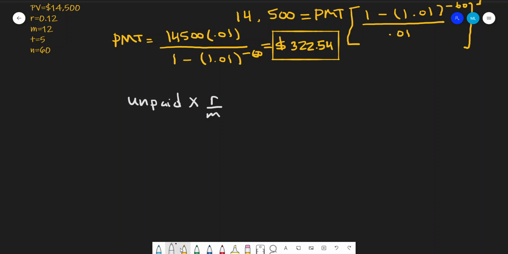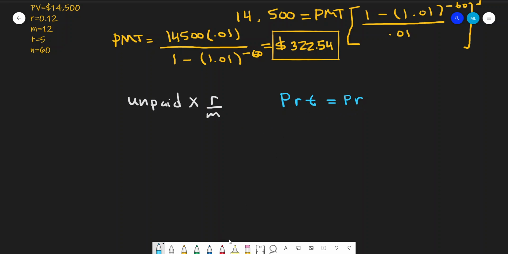Now, one way to think about it is, when you're calculating simple interest, you know that it's P times R times T. But in this case, it's kind of like you're finding the simple interest when you take the principal times the R. But notice that it's per period essentially.